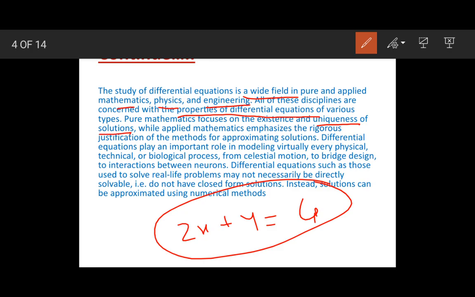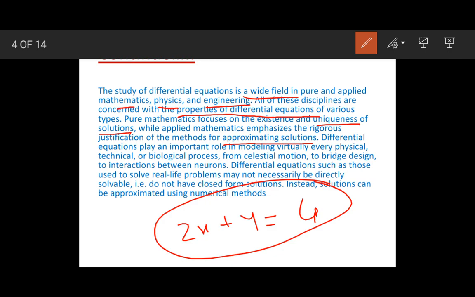Pure mathematics focuses on the existence and uniqueness of solution, while applied mathematics emphasizes the rigorous justification of the method for approximating solutions.